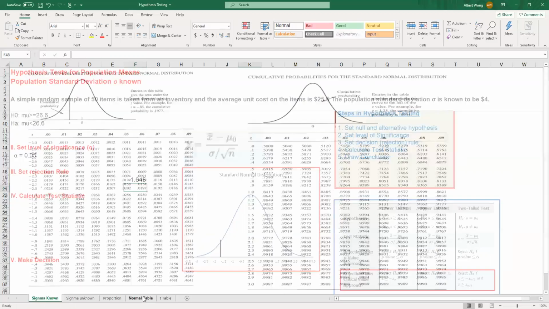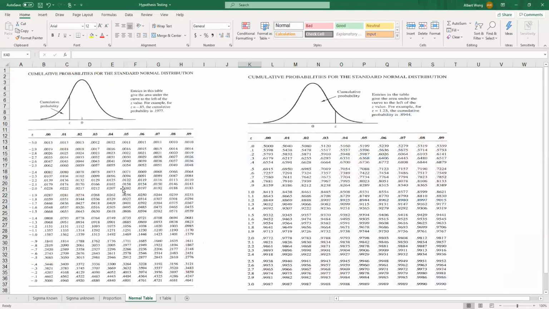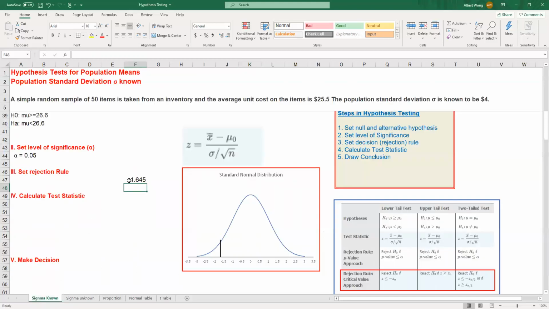Or we can use the normal table, right? You can actually go and find the probability equal to 0.05 and the number that corresponds to it, right? So the number is between 0.0505 and 0.0495, and therefore the point is negative 1.645. So either way, you will find the point that corresponds to area 0.05 is negative 1.645.